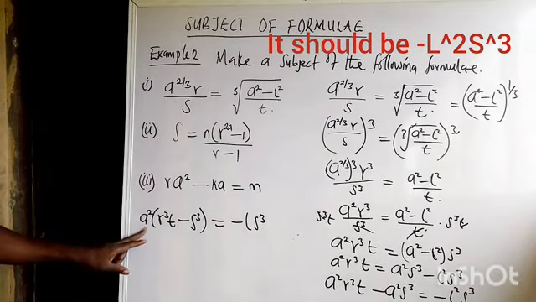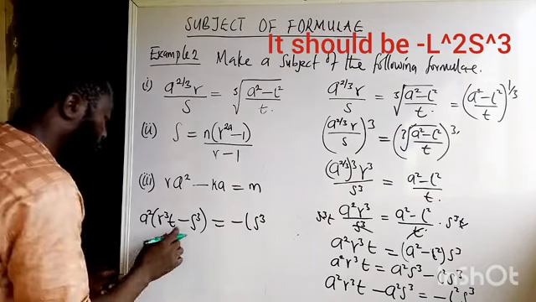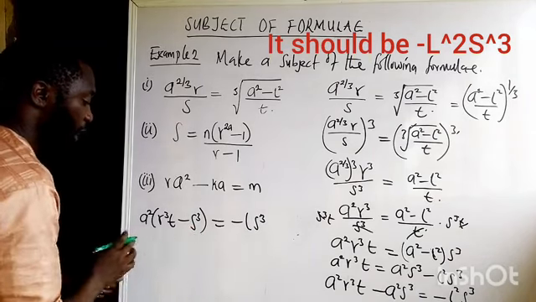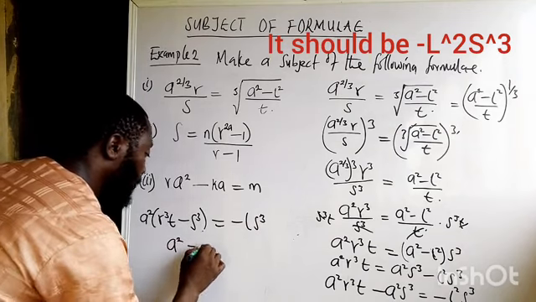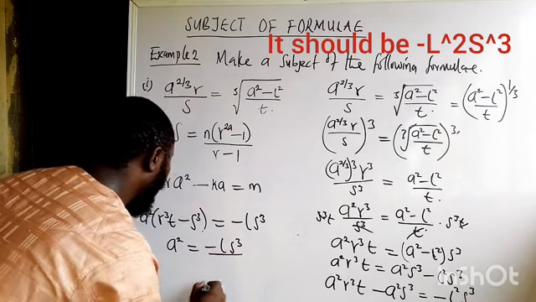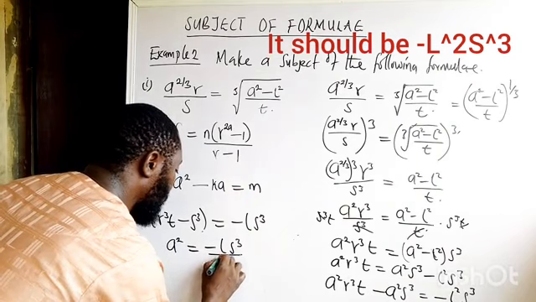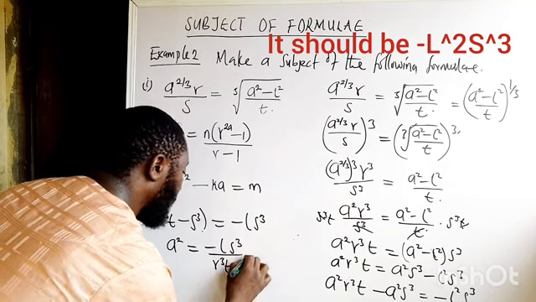Now, we can divide both sides by this one, since this is attached to this. So by the time you divide both sides by this, you have your a square equals negative L s to the power of 3 divided by r to the power of 3 t minus s to the power of 3.